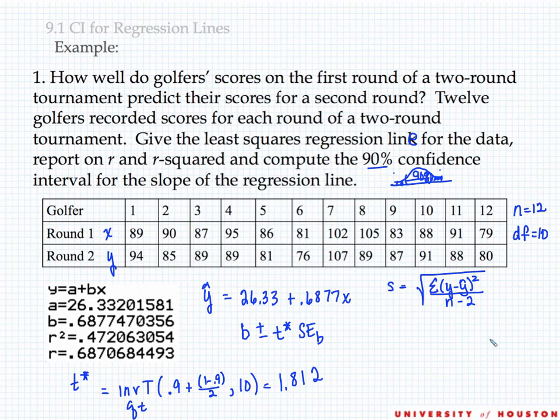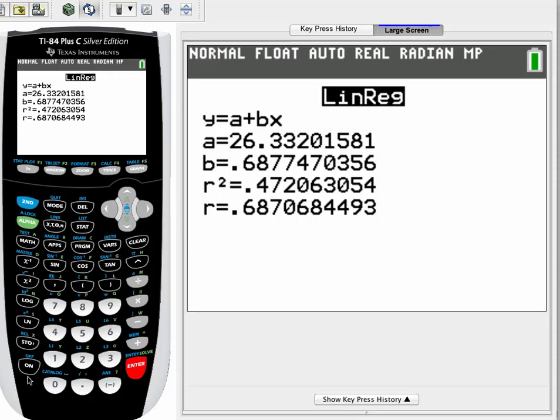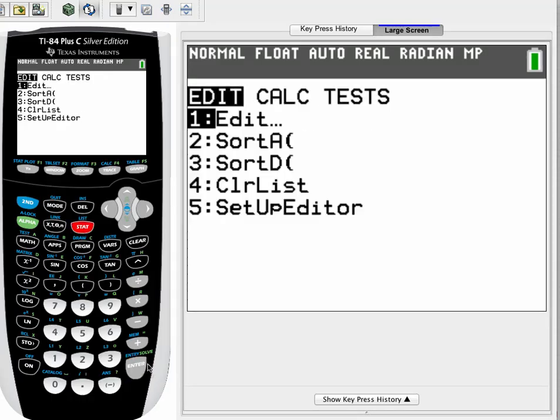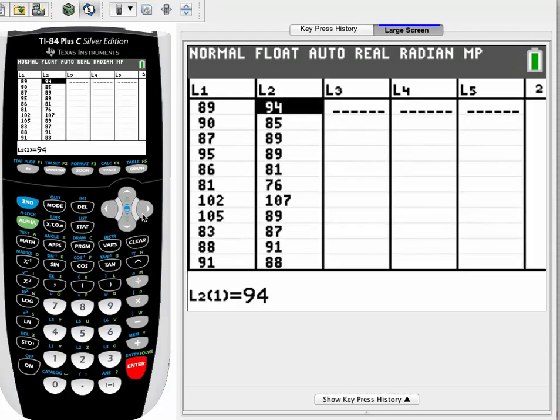So first we're going to fill up L3 with our residual squareds, and then we're going to add them up. So let's go back to our lists. We're going to go to L3 and hit enter so that we can put in a formula for the entire line.